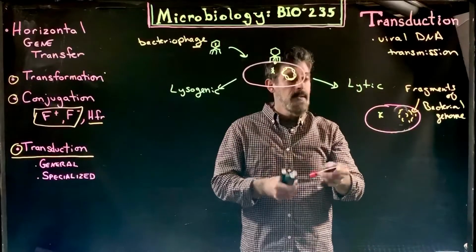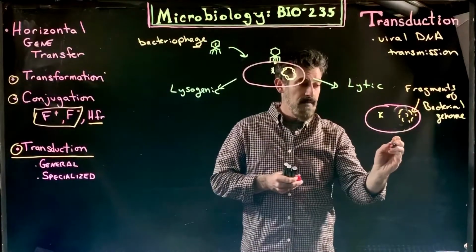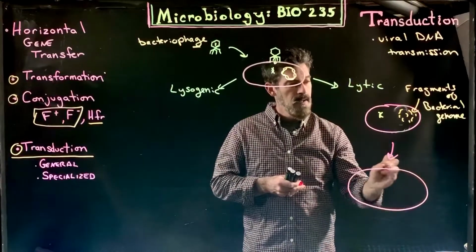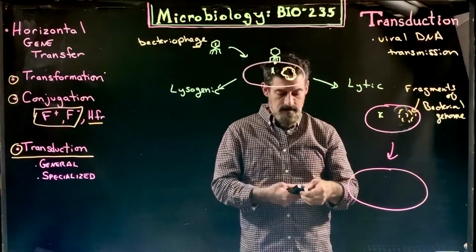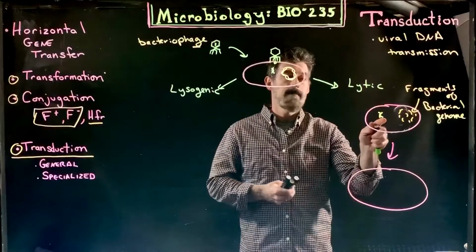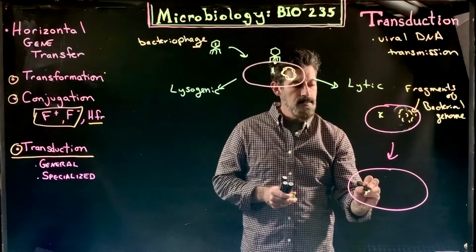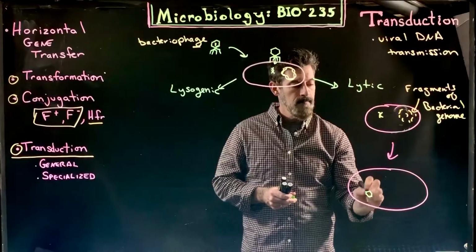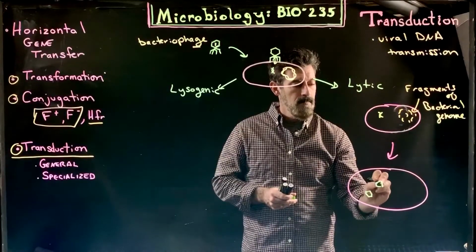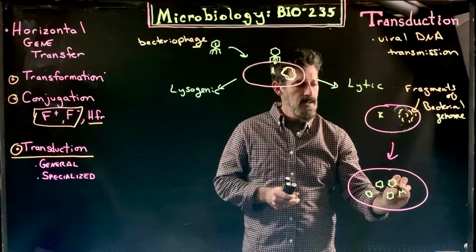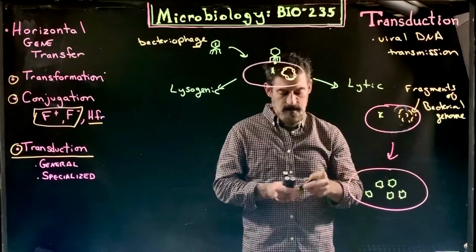Now, as the viral life cycle progresses, what will occur within the cell is that the proteins that are being expressed by the viral genome are going to start to build new copies of the virus. In addition to that, it's going to build new copies of the viral genome.